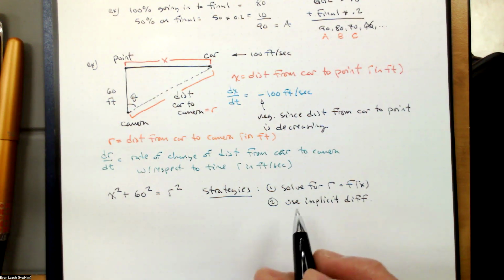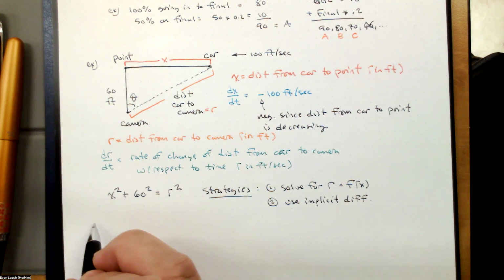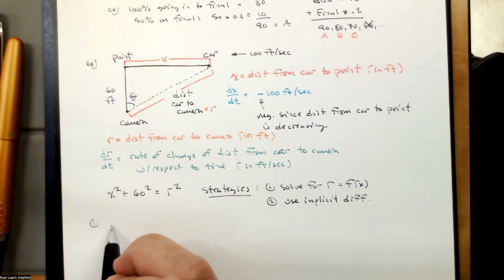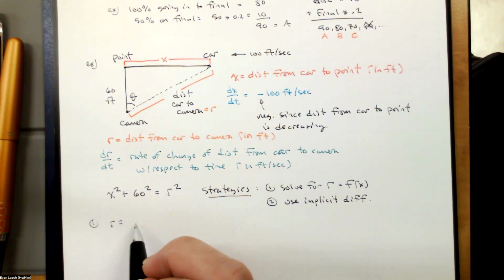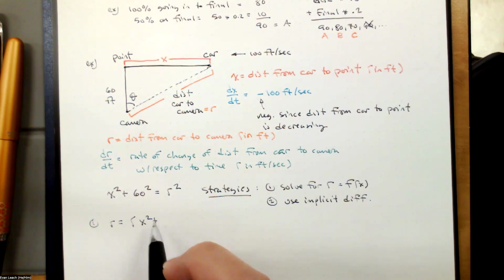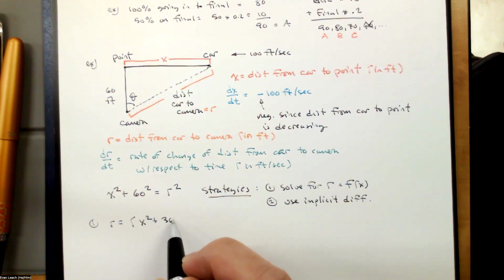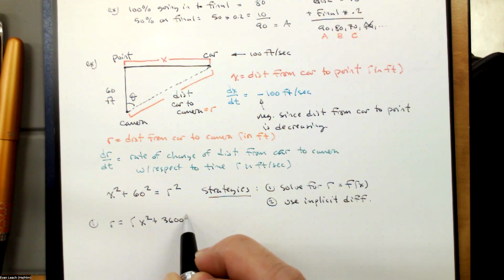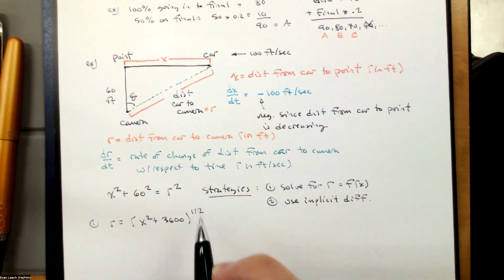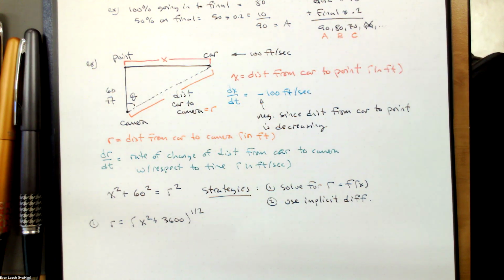So if we solve for r, here's what that would look like. r would be the square root of x squared plus 60 squared. 6 squared is 36, so 60 squared is 3600. I'm going to use a modern radical and say it's to the 1/2 power.